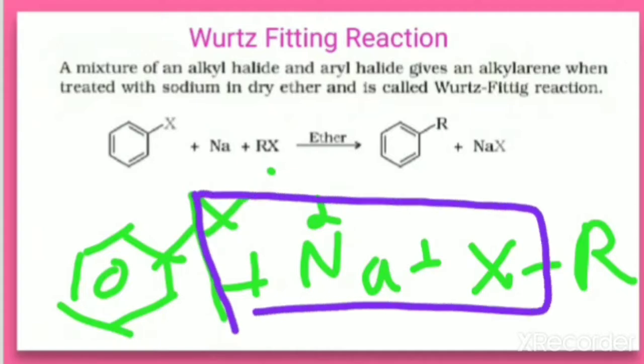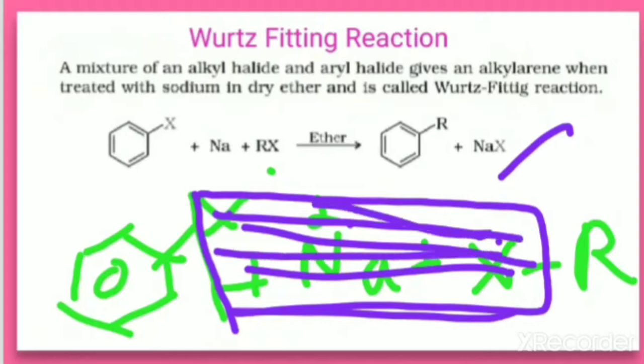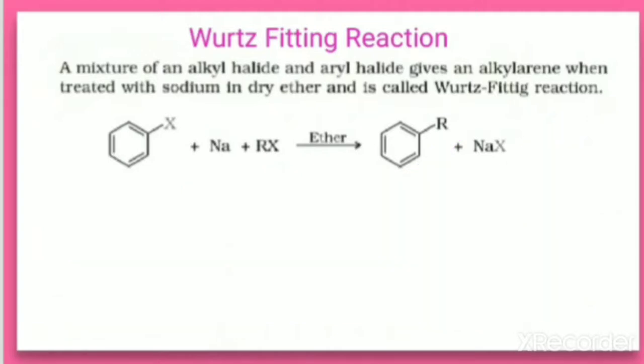So this part will get removed, that is 2NaX gets removed. And the rest of the part, when you remove it, you will find that on the benzene ring at this point the R will get bound. So we got this product. That is nothing but a hydrocarbon with a benzene ring. If R is any alkyl group, we can say that a particular product is formed.